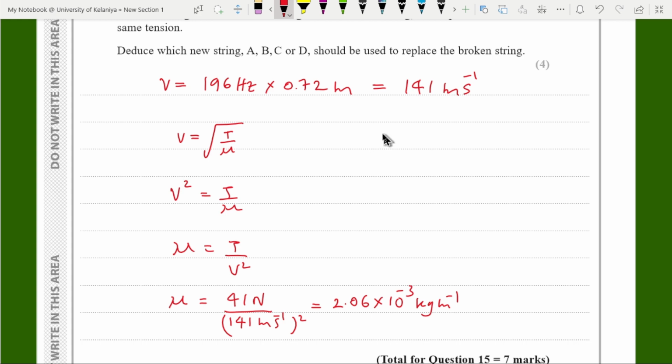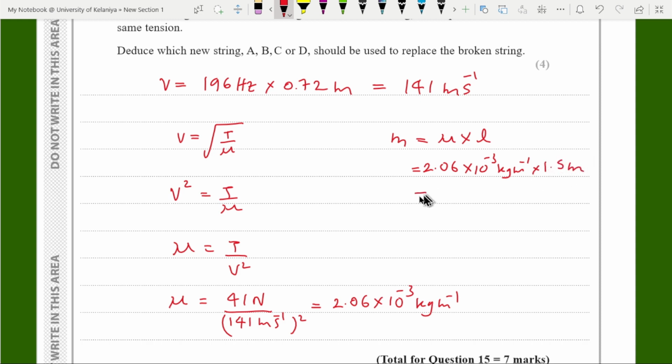Now you know mu, the mass per unit length. According to the previous explanation, if you know mu, then you can calculate mass by multiplying it by the length. So it is 2.06 times 10 to the power minus 3 kilograms per meter, and the length they have given is 1.5 meters.